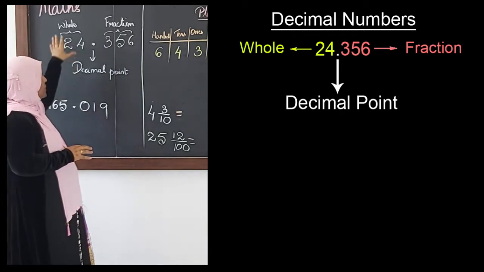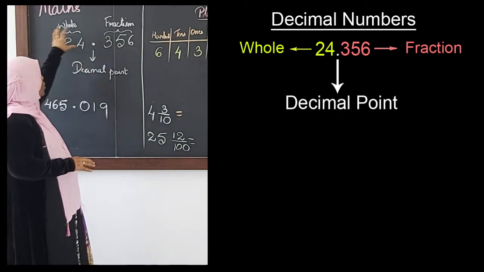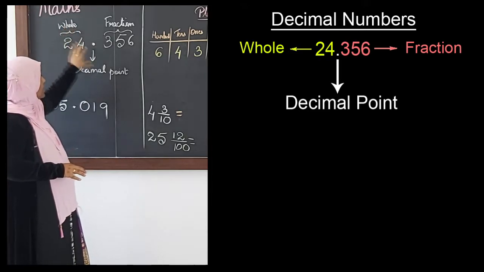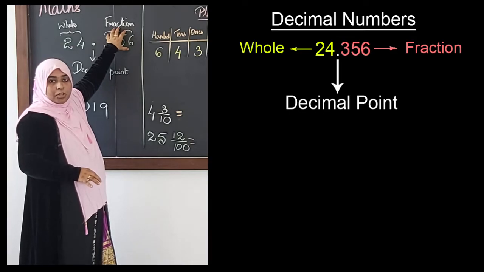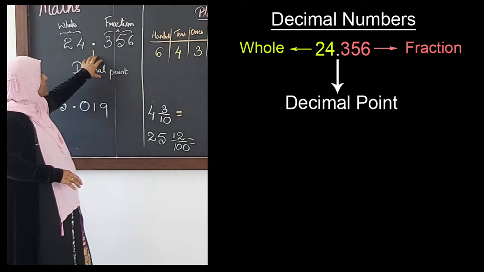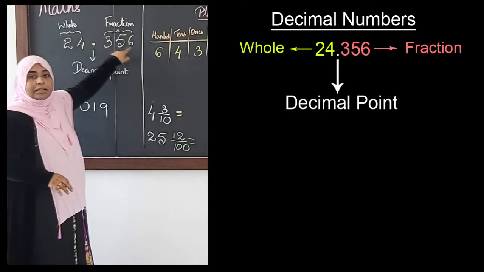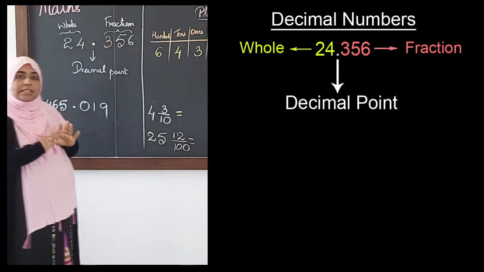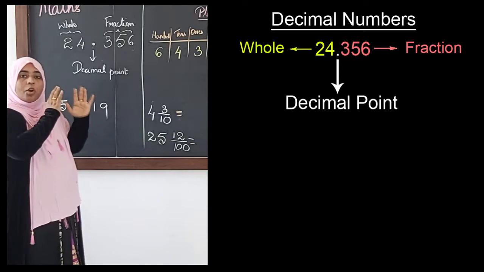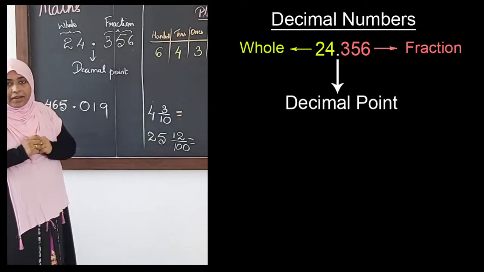So a decimal number has a whole number, a decimal point and a fraction. This decimal point separates the whole number and the fraction. I hope you have understood what we mean by a decimal number. It's a combination of a whole number and a fraction.